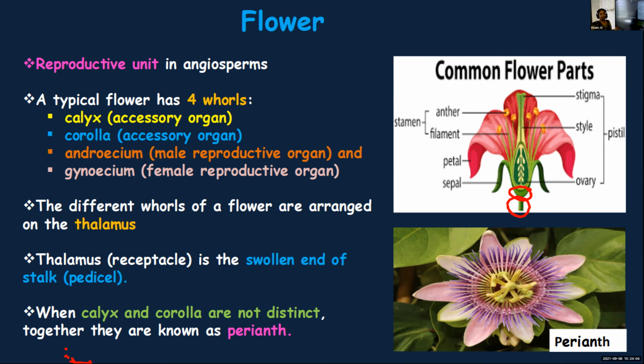Pedicel is the stalk of the flower. At the tip of the stalk there is a broad base known as thalamus or receptacle, and it is on this receptacle that the different layers are arranged. In certain cases, you cannot make out calyx and corolla. They may not be easily distinguished from each other. In that case, calyx and corolla together are called perianth.